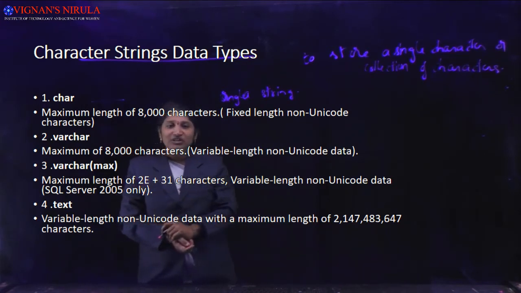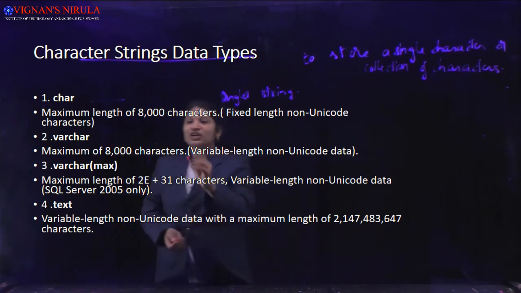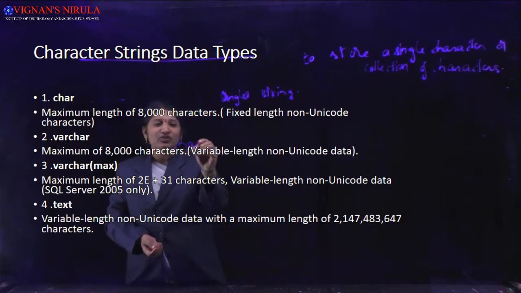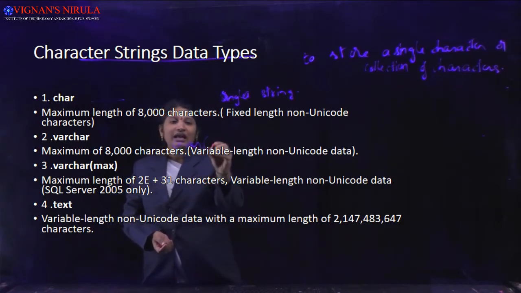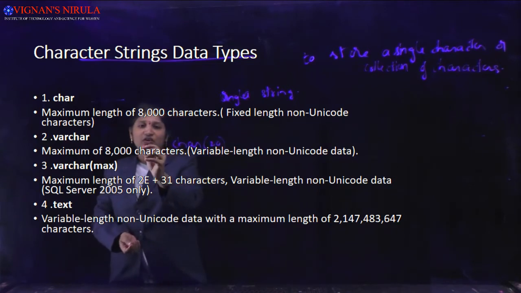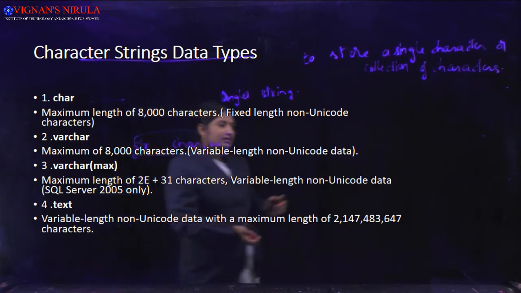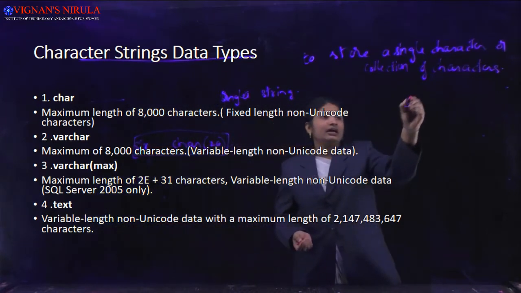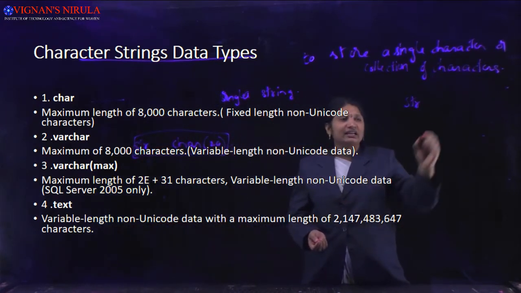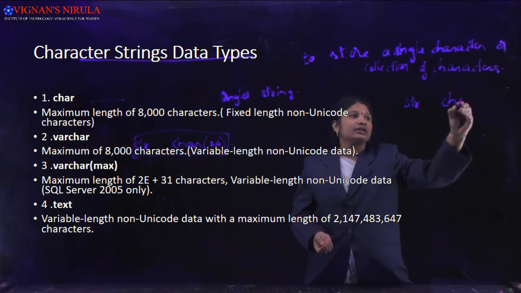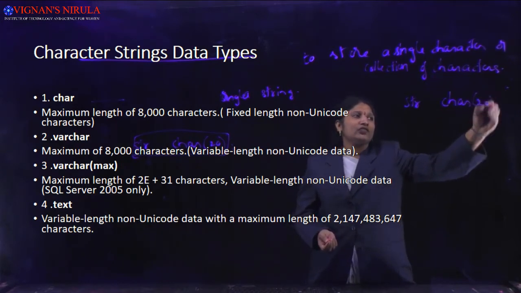The difference between char and varchar is this. For example, if we have given char of 20 for a variable, for example str, now see in this case, I have defined a variable str of the data type char of 20.